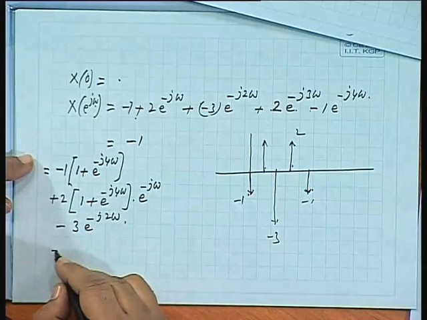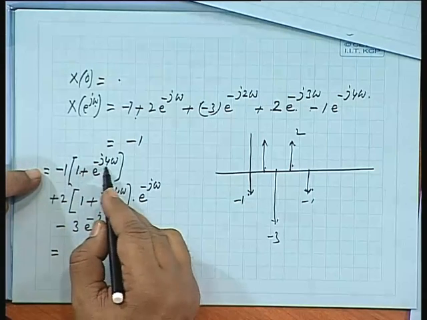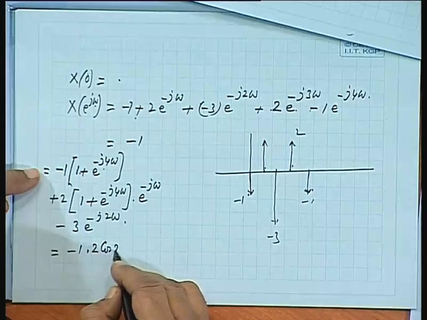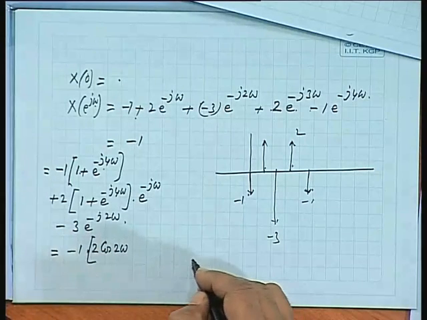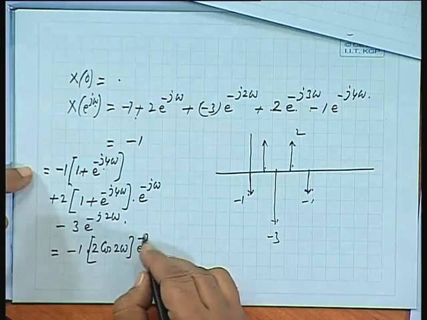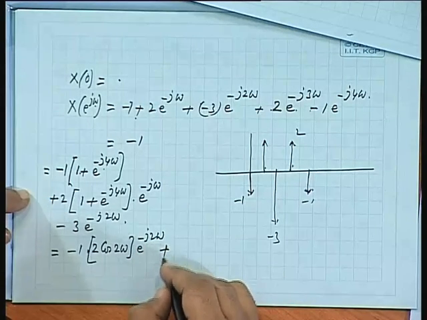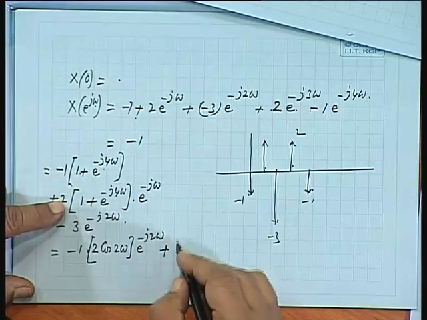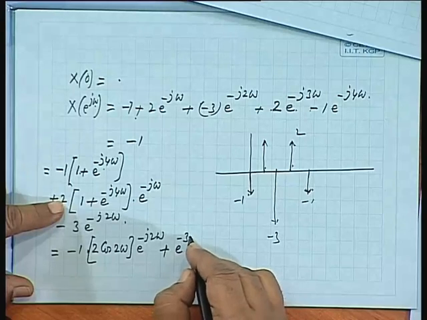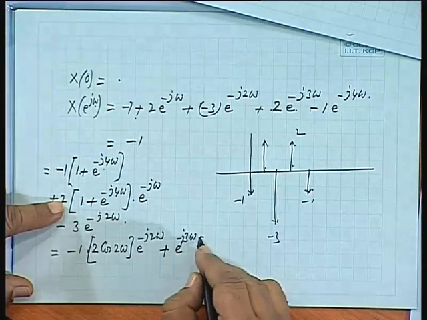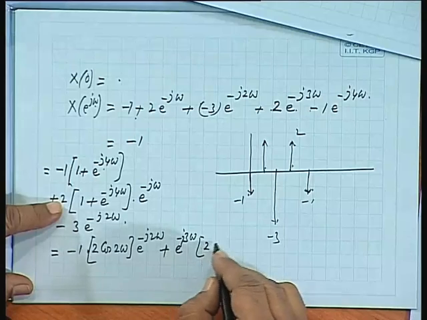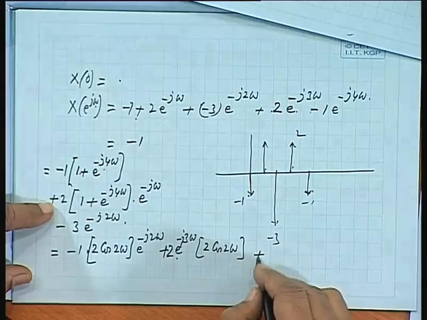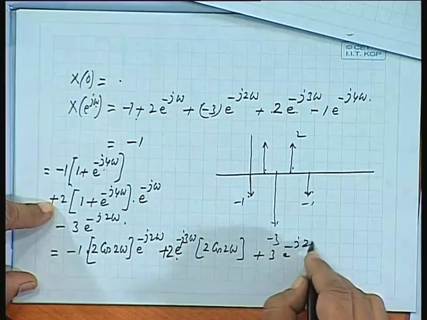If I take e to the power minus j 2 omega common, that will give me twice cosine 2 omega into e to the power minus j 2 omega. Similarly, here if I take e to the power minus j 2 omega out, this will be e to the power minus j 3 omega into twice cosine omega inside, and there is a 2 here, plus minus 3 into e to the power minus j 2 omega.